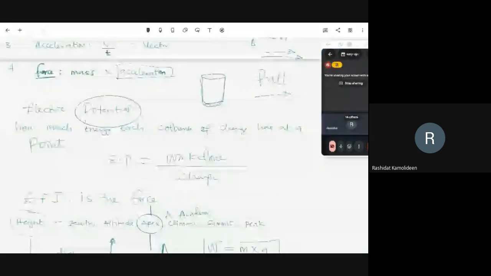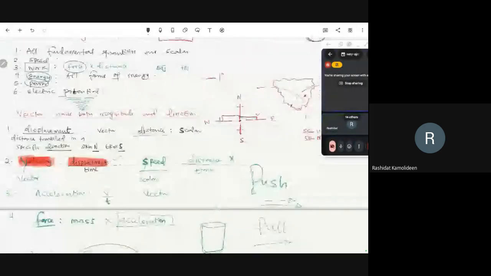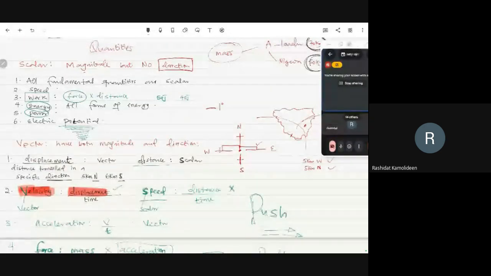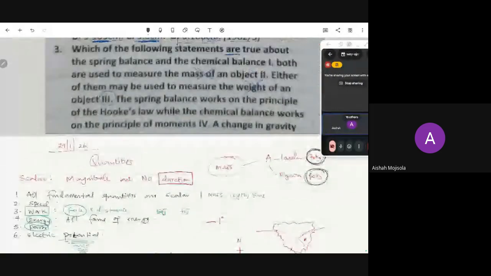Okay. You see, when we say scalar quantity, I already gave you the scalar quantities that we have. All fundamental quantities. It means here now: mass, length, time. There is a lot of controversy about time.